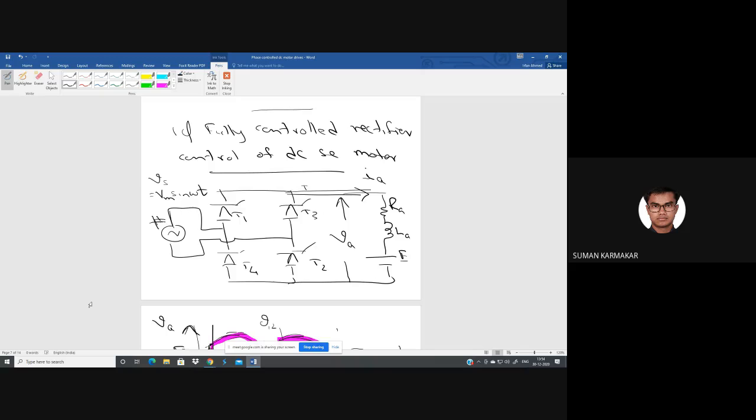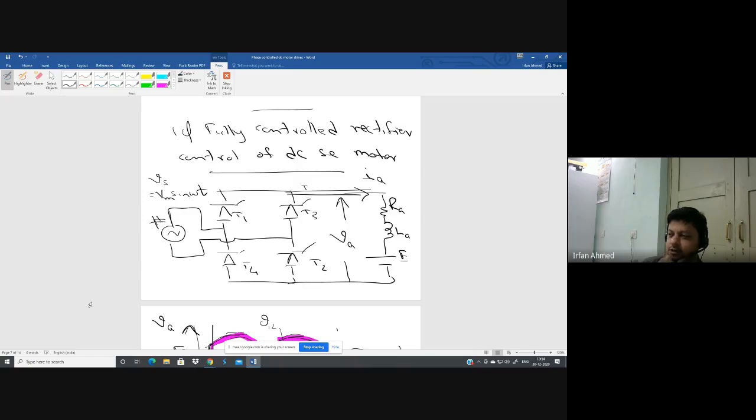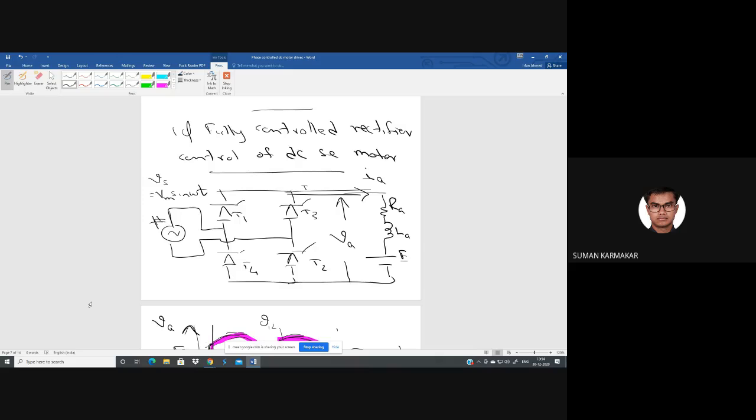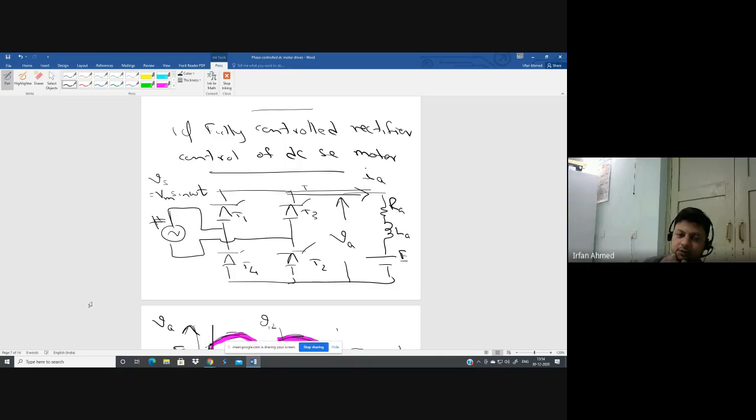So harmonics problem. Where will the harmonics be, in the load or in the supply? In the supply side. Yes, harmonics will be introduced into the supply side. Which harmonics?